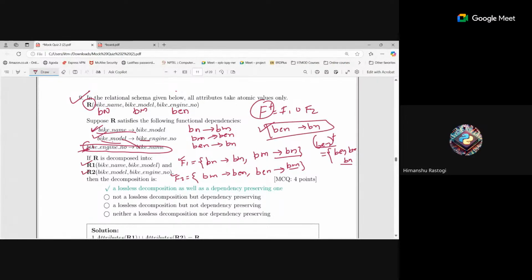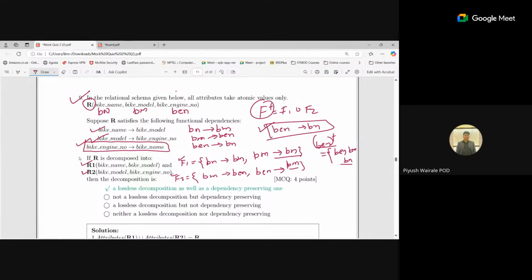You wrote bike engine number to bike name in the F2, right? What's written? Bike model, BM, bike model. Yeah. Okay. But why are you checking for bike engine determining bike name? Because this is not getting preserved. Now this one: first is getting preserved in R1, second is getting preserved in R2. Where to check, where to preserve this FD?